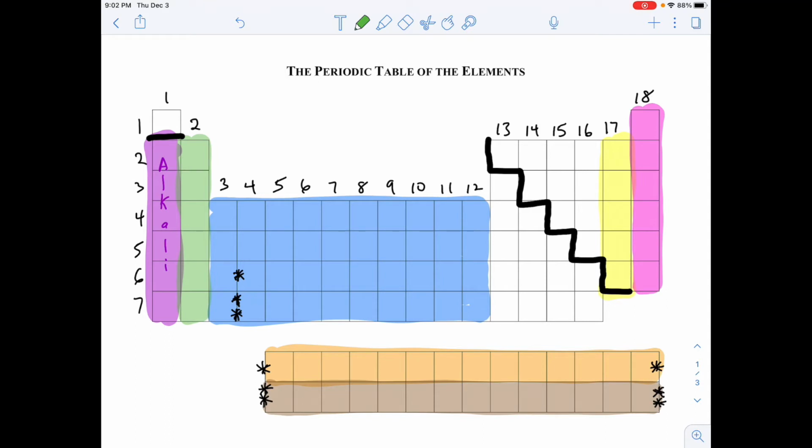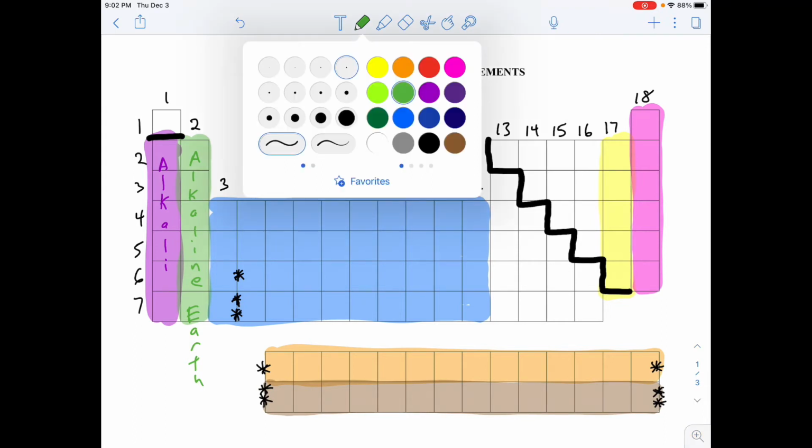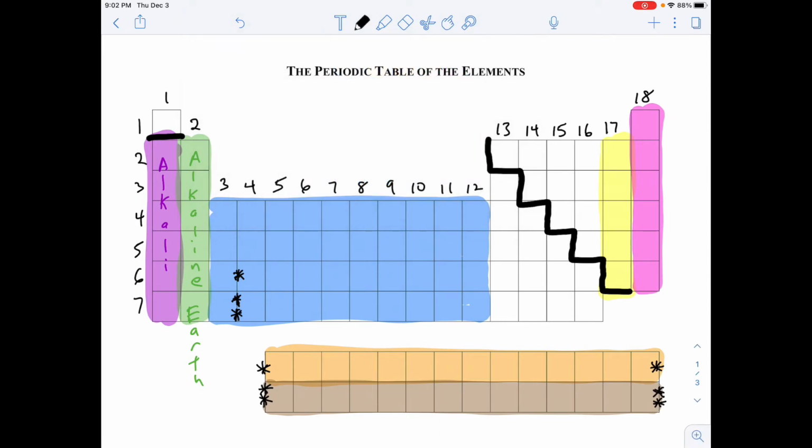I need you to know that in group 2, the second column, these are called the alkaline earth metals. Very similar to the alkali metals, a little different. We're going to go over the slight differences next week.